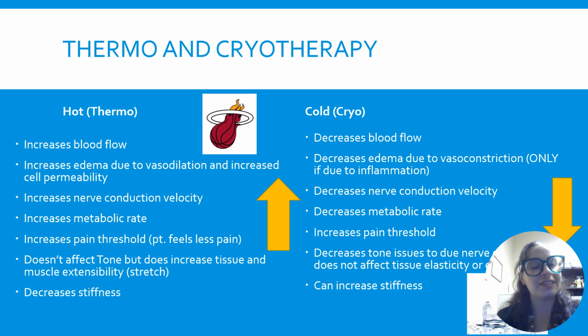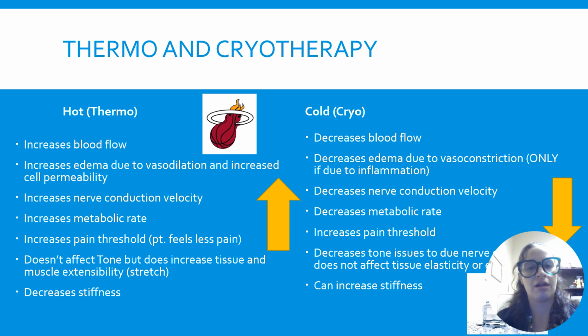It does affect the collagen extensibility in the muscles and tissues, but not the tone itself, because tone, muscle tone, is a nerve thing. And the one that affects the nerves the most, I wouldn't say only, but the most, is cold. Cold has a good impact on nerve conduction, and kind of not letting nerves overwork a little bit. So that's what's going to affect tone the most.